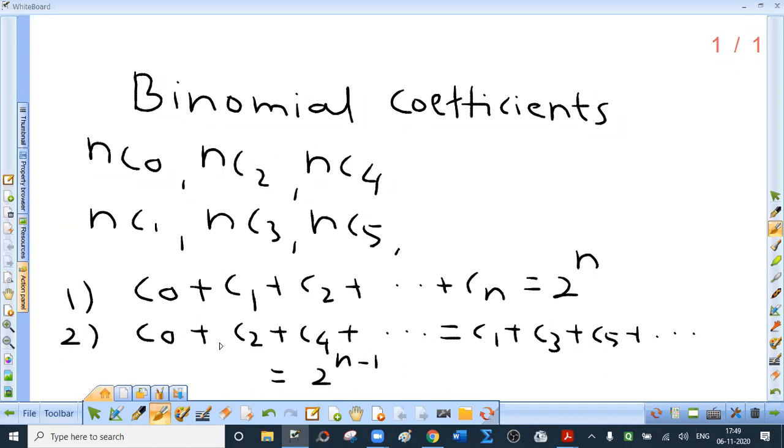Sum of even binomial coefficients equal to sum of odd binomial coefficients, and each sum is 2 raised to n minus 1. I repeat, sum of even binomial coefficients equal to sum of odd binomial coefficients, and each sum is nothing but what? 2 raised to n minus 1.